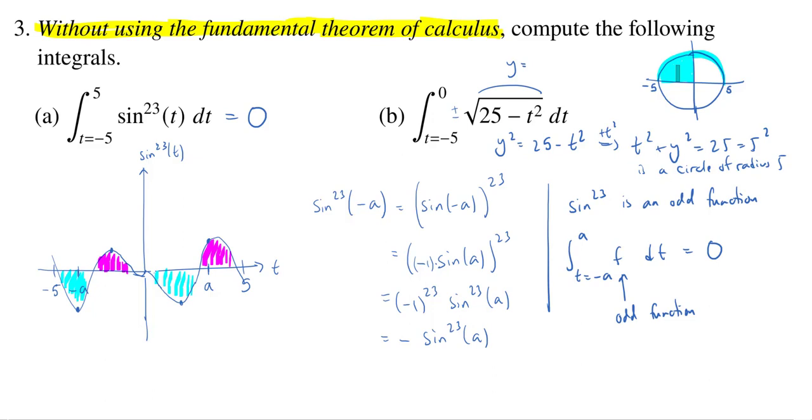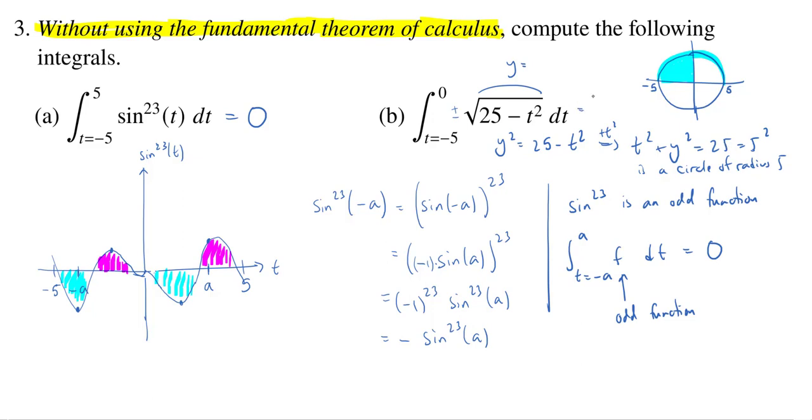So this definite integral is just asking me how much does 1/4 of this circle accumulate? It's really just saying what's the area of 1/4 of this circle? Well, we know that a circle has area equal to pi times the square of its radius. So the radius here is 5, and so the square of the radius is 25.